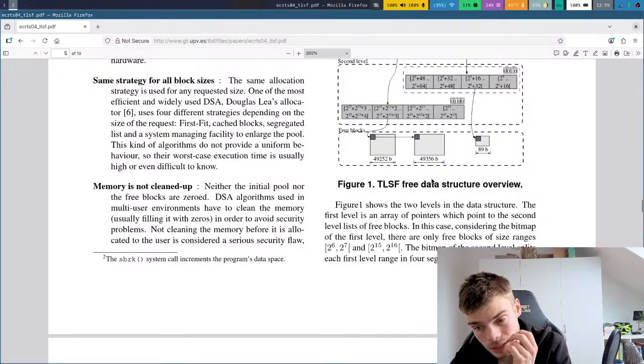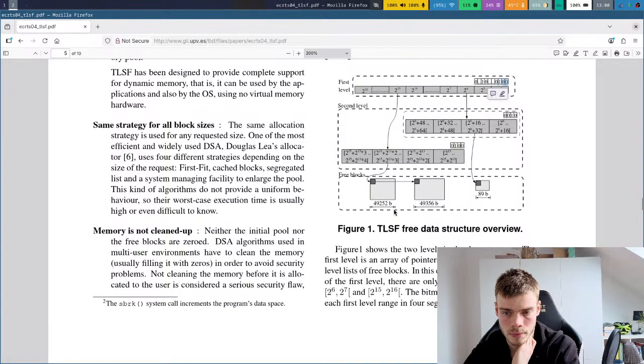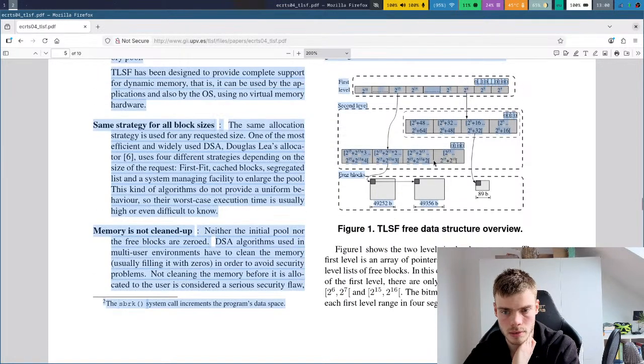Bitmap of levels: first level, then second level.